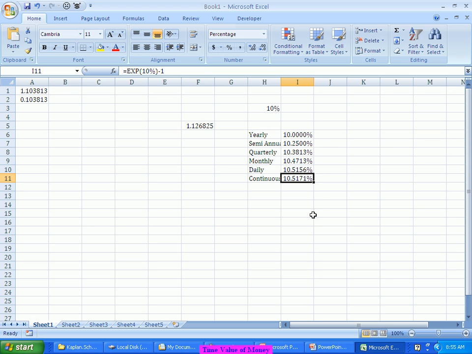So a couple of things you need to understand from this exercise. If the frequency of compounding is increasing, you will definitely see that the effective annual rate will increase. So banks typically do it on a quarterly basis.